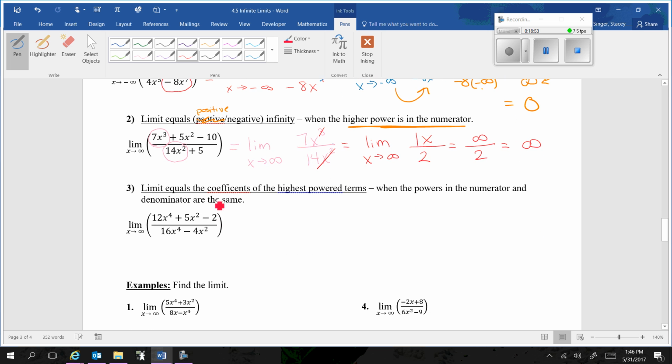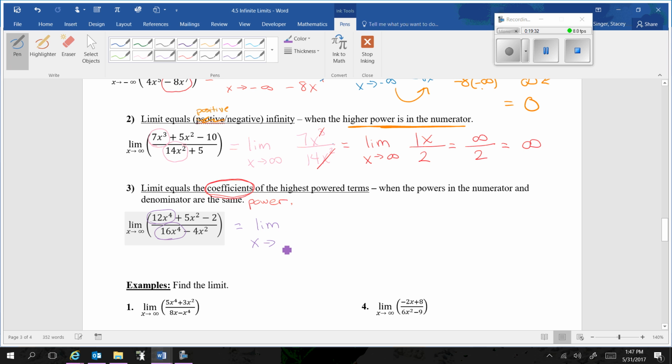And the last one, when the limit equals the coefficients of the highest powered term. Sorry, I had a typo there too. The coefficients of the highest power terms is when the numerator and denominator are the same power. So here I would have 12x to the 4th divided by 16x to the 4th.